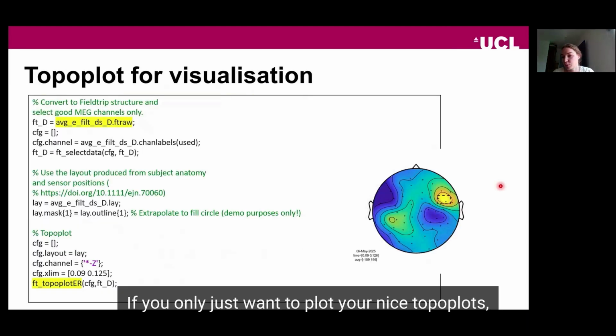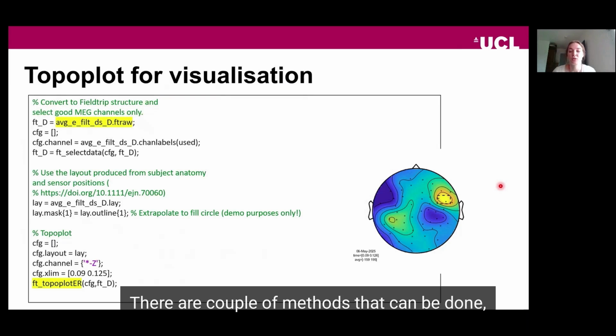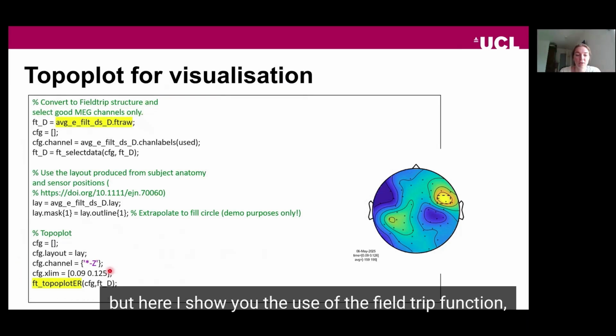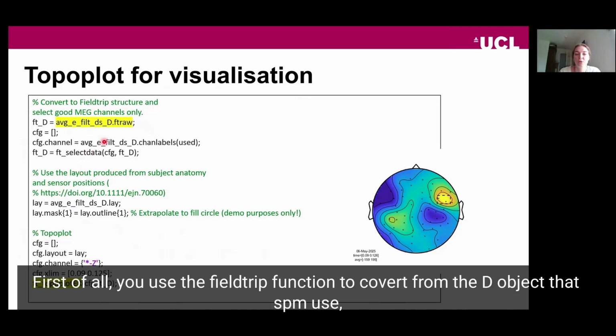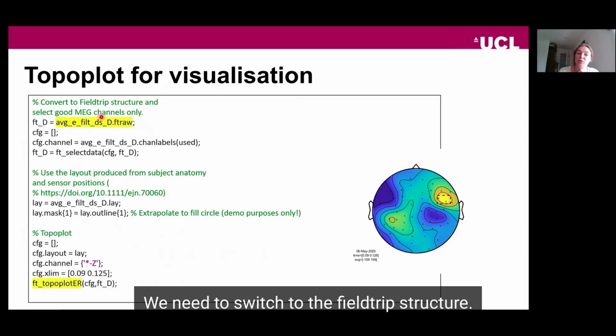If you just want to plot your topoplots, there are a couple of methods, but here I show you the use of the FieldTrip function. To use it from the D object that SPM uses, we need to switch to the FieldTrip structure, which is done using the .ftraw method.